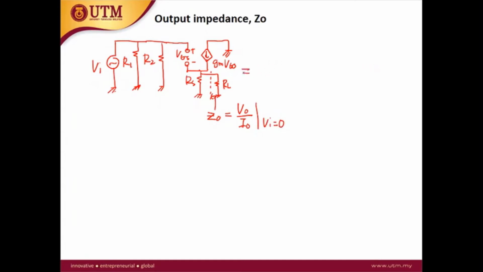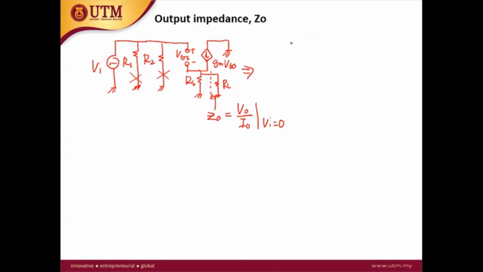Okay, so this circuit can be redrawn by considering the VI is equal to 0, and by removing the RL. When VI is equal to 0, R1 and R2 can be ignored because this is bypassed to the ground.